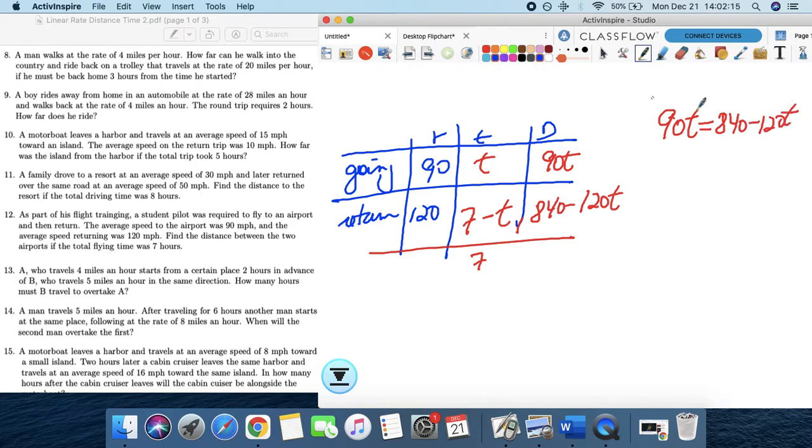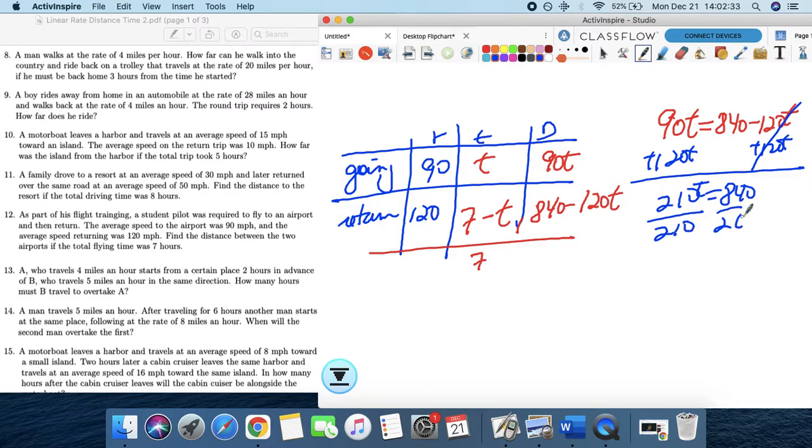So plus 120t. That goes away. That is, I don't know, 210 it looks like. All right, t. Divide both sides by 210. And t equals, looks like it's 4.